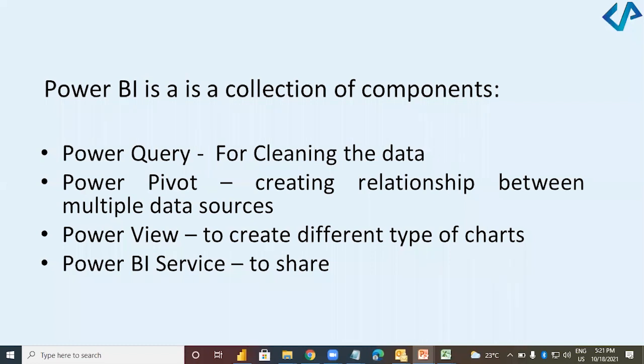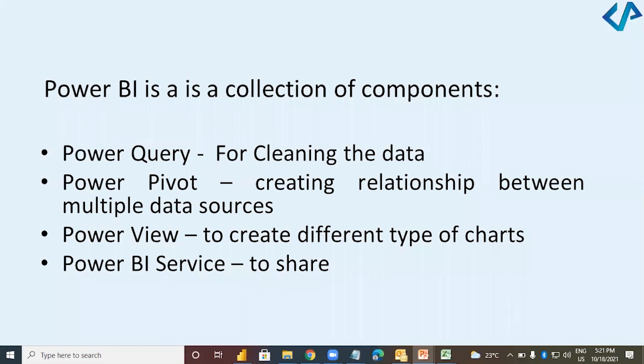Then we have Power Pivot, which is used to work with multiple data sources. Most of the time you will see that data is distributed into multiple tables. How to work with that, we can cover in Power Pivot. Then we have Power View, which is used to create multiple visuals. All the visuals which I have shown you were created using Power View.